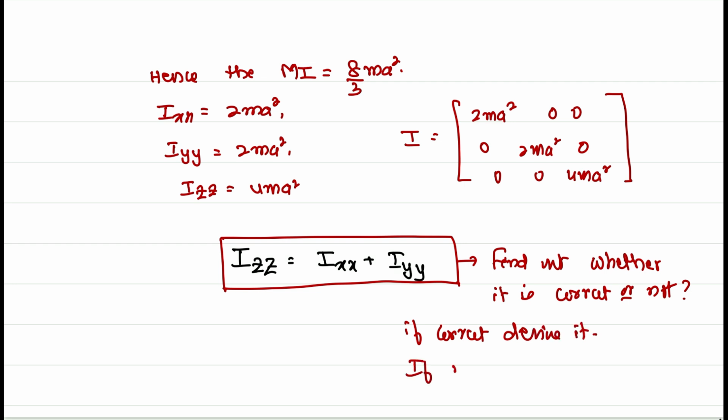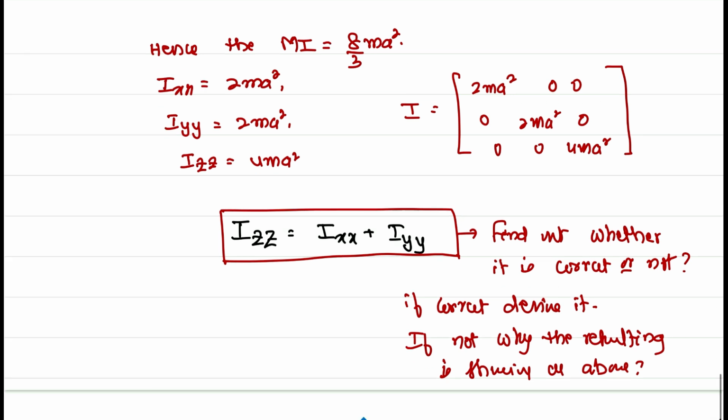If not, explain why the result is showing as above. You use your intuition and intellectual brain to brainstorm this type of questions. When these types of questions are asked in the examination, you will be able to understand that.